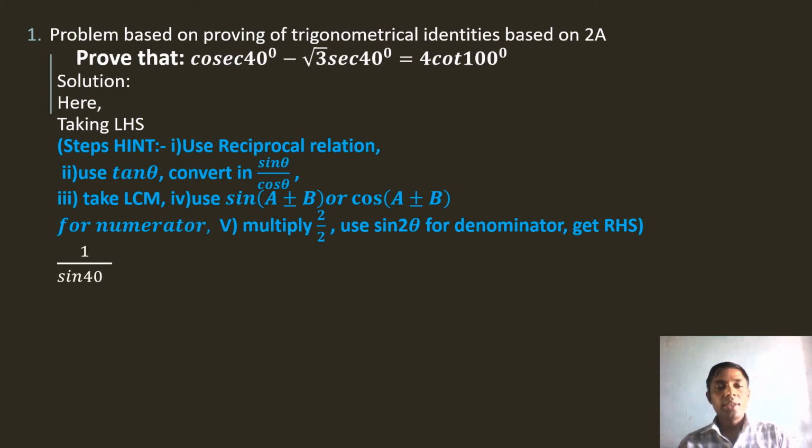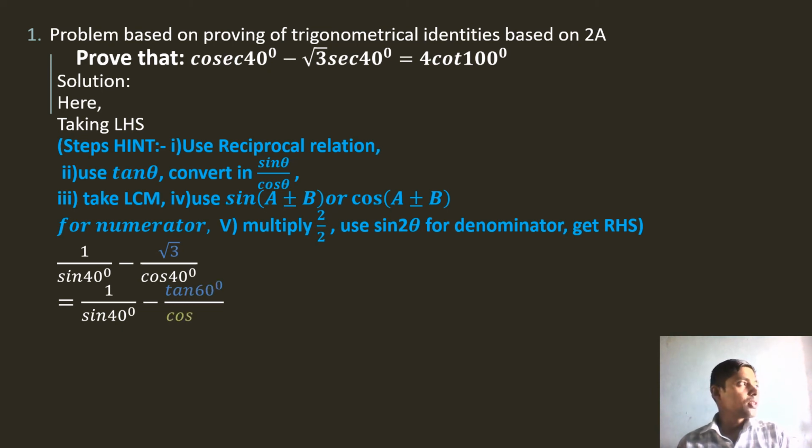First we'll convert in sine and cos formula by using reciprocal relation, and then we'll apply the formula for root 3 as tan 60 degree. So 1 by sine 40 minus tan 60 upon cos 40.